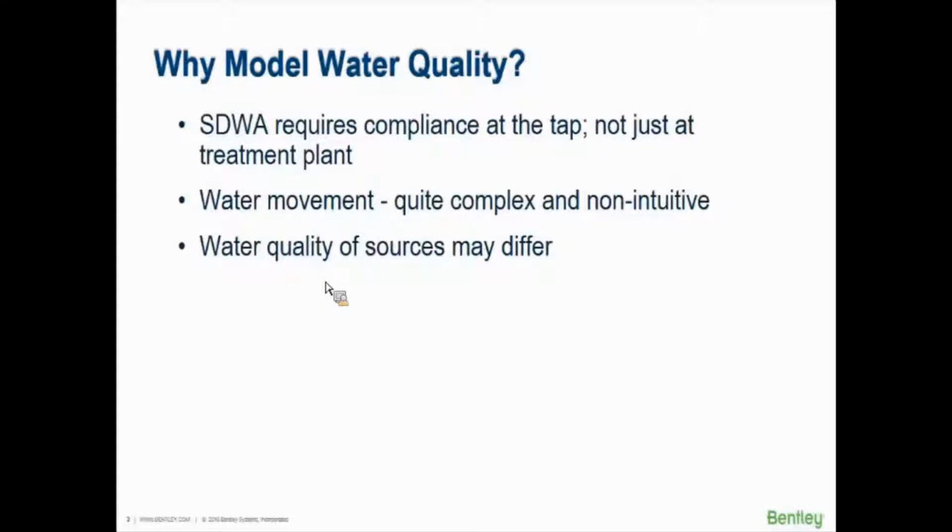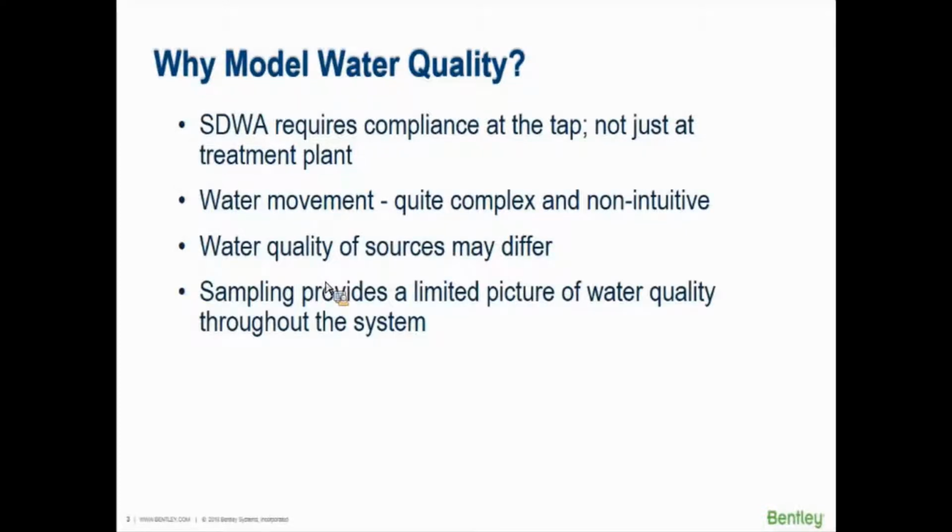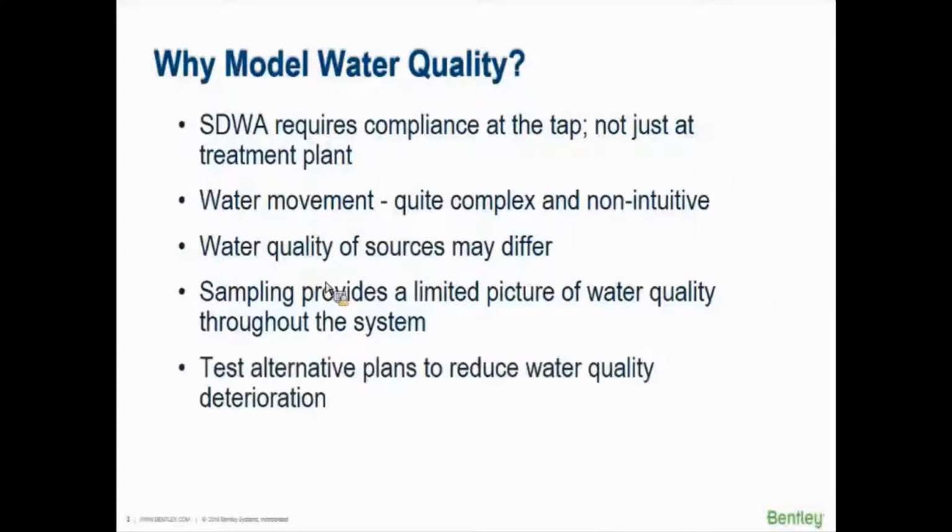So is there a maximum point at which the mixing is occurring in the system that the TDS is too high? We can use a water quality model to help dial in what that range of blending should or shouldn't be. Again, this is to help reduce the number of sampling points, give us a broader picture, and test why something might be happening, why we might have water quality issues somewhere.